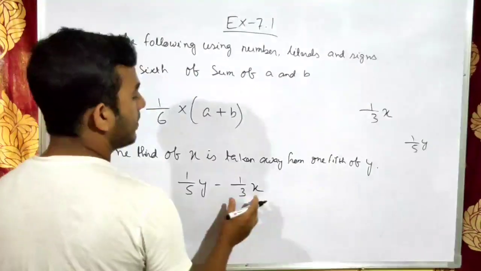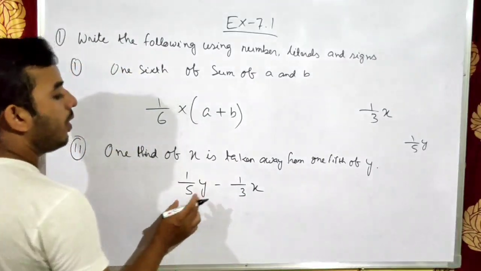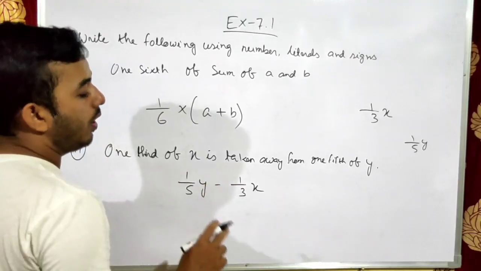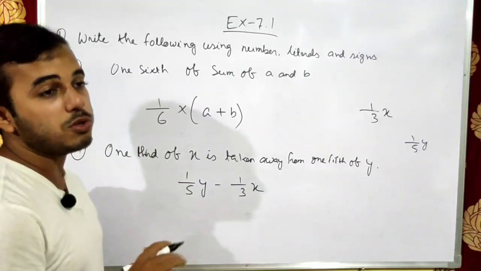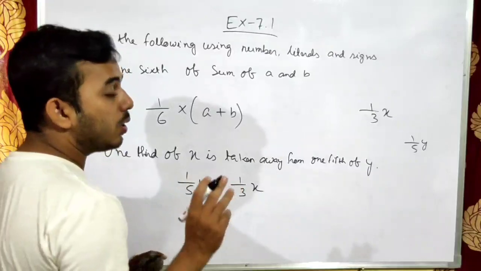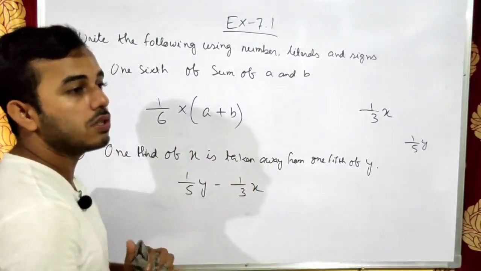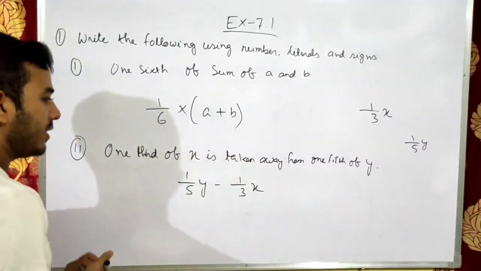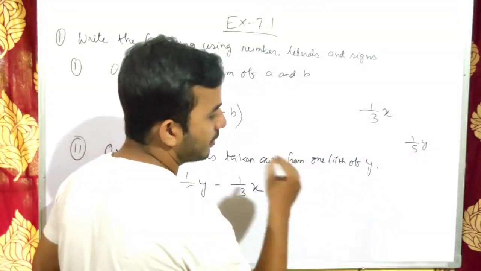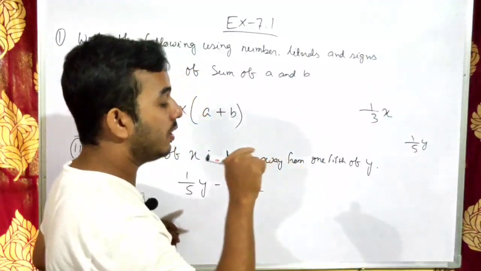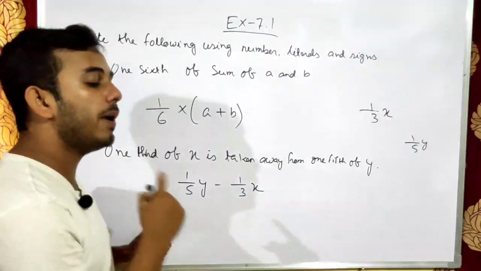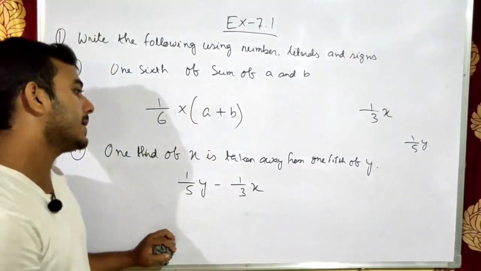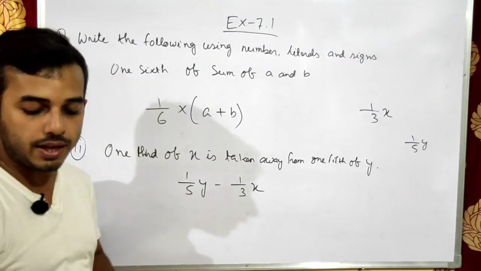If you write 1/3 x minus 1/5 y, there will be a major mistake, and that equation will not represent this statement. If from any number is given, you should write that number first, then the minus sign, and then the other number. Now let's move to the next equation.